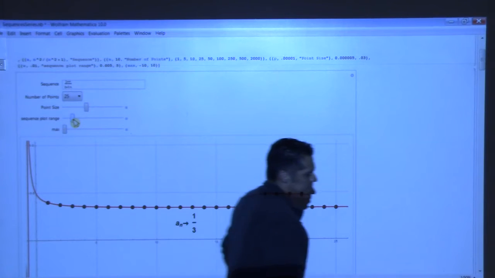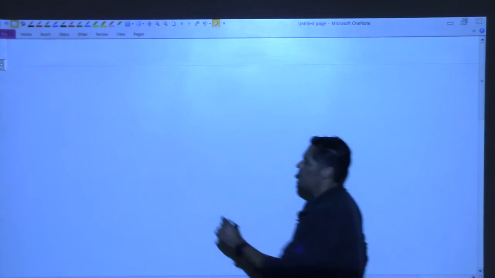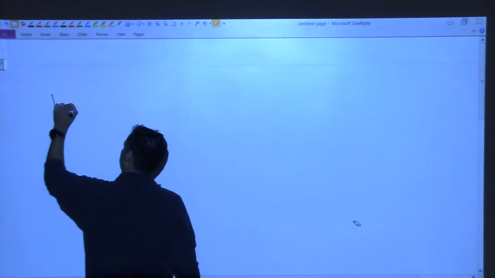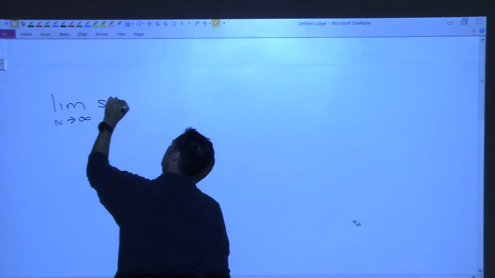How about this sequence? What's the limit as n goes to infinity of sine n?